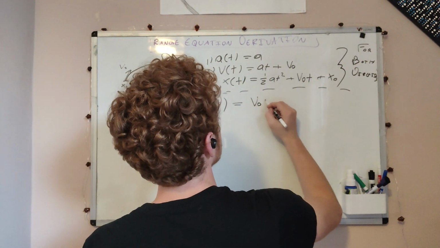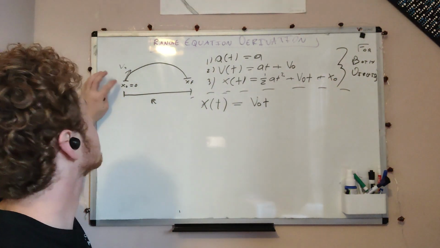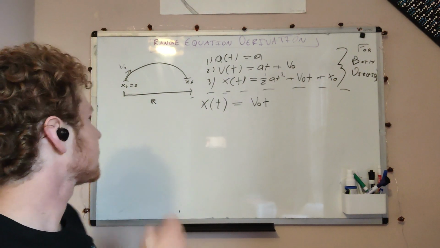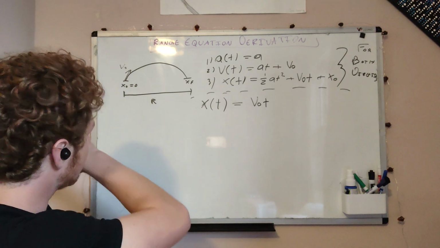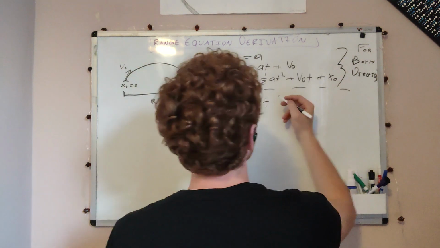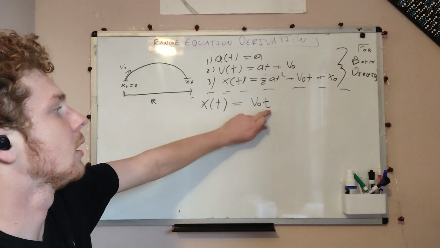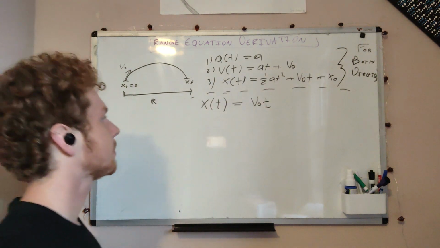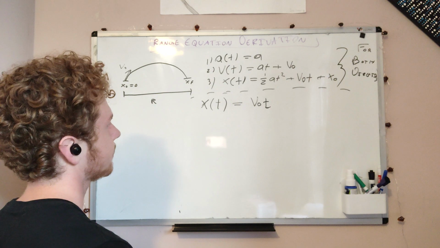So that just simplifies to v naught t. And remember how we said that for simplicity, we're going to assume that this is the initial position. So we're stating that this is the initial position right here, and that is 0. So it's simply v naught t. And so that's one of them.